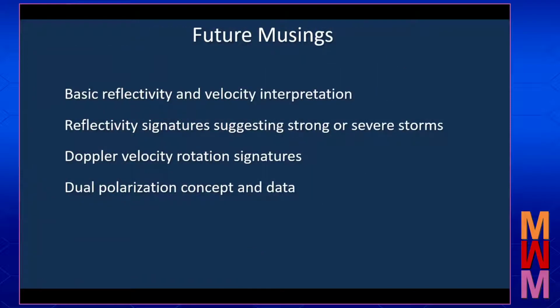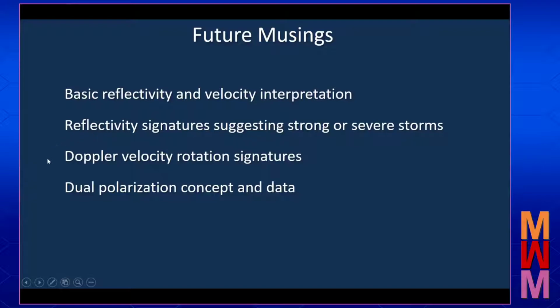So in some future episodes of the Musings, we'll dive more into weather radar. We'll take a look at some basic reflectivity interpretation, some basic velocity interpretation, some of the signatures that we would want to look for. We'll take a look at reflectivity signatures that might suggest a potentially strong or severe storm.